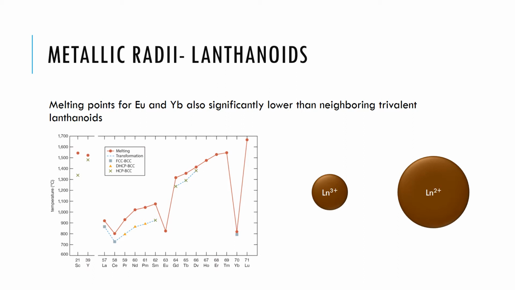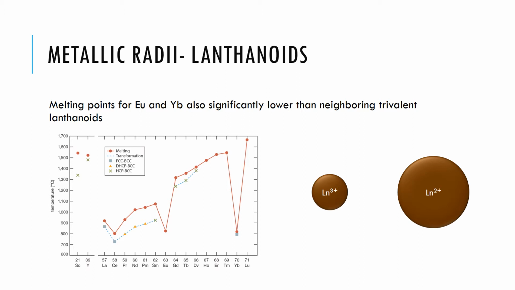Now, this is also reflected in, I want to focus on the melting point here. If you look at the plot there, the red line is the melting point, and you see distinct minima. The lowest melting points on that graph come from, again, europium and ytterbium. And again, we can use a very simple model of metallic bonding to explain why they have lower melting points.